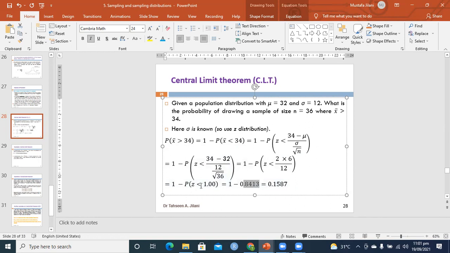You can use the z table to find the probability corresponding to z value equals 1.00, and therefore we say 0.1587. So the probability that the sample mean will be greater than 34 is 0.1587.